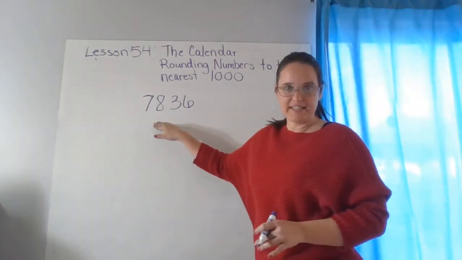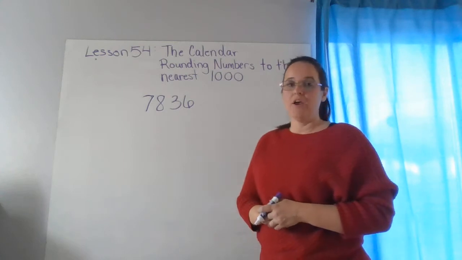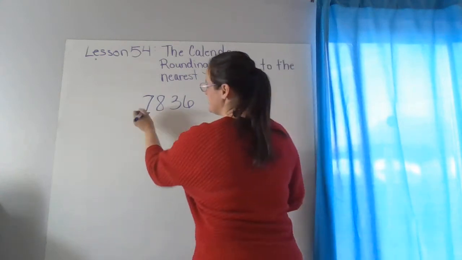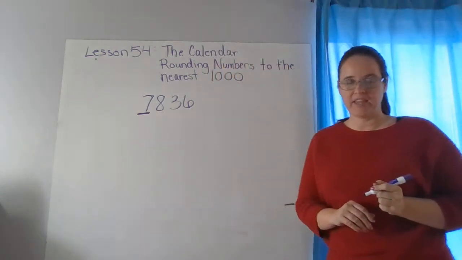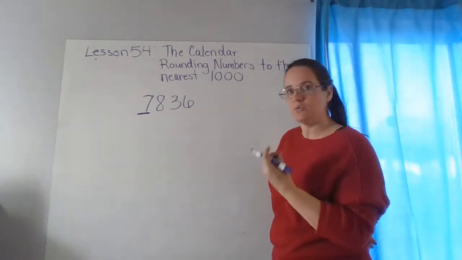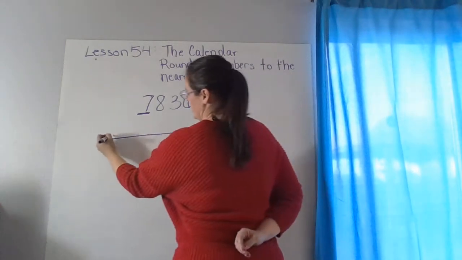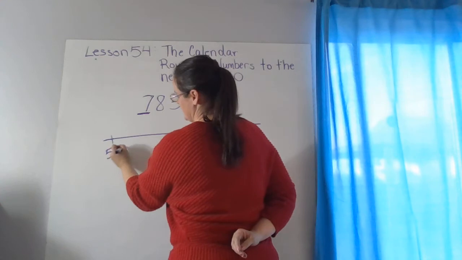So this is how many tickets were sold. We want to round it to the nearest 1,000. So this is the place value we're rounding to. In order to make sure that we don't go too low, I want to put it on a number line. Let's start, say, 5,000.